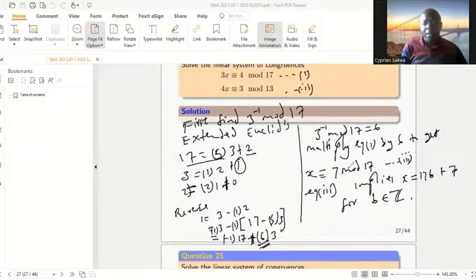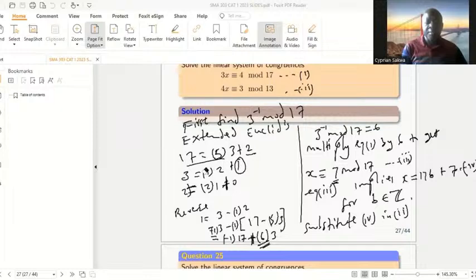What I mean is, when you divide x by 17, you get some value I'm calling b, and the remainder is 7. That's what I'm saying. So this is what I substitute. First of all, I call it equation 4, and substitute 4 in 2.